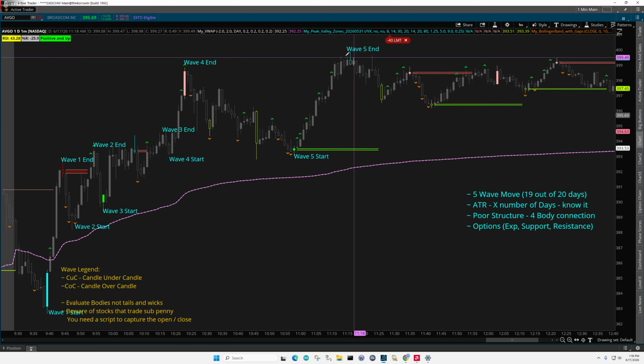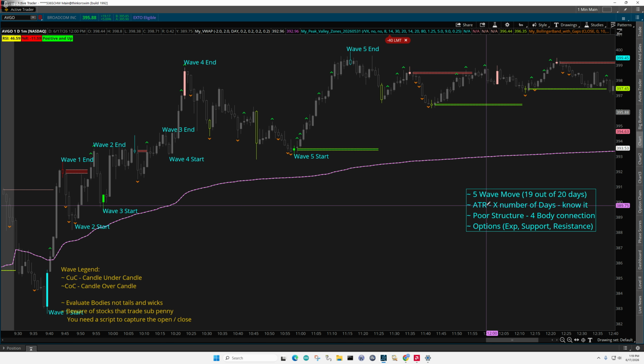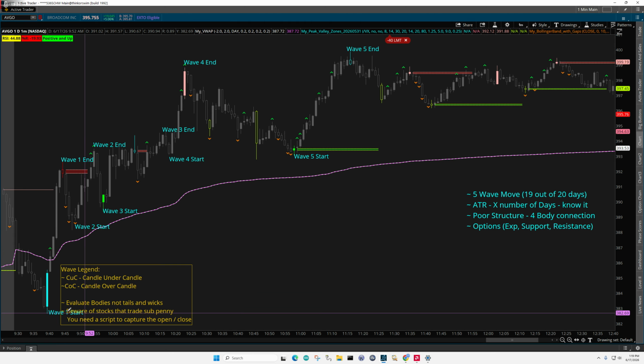How do you know that potentially wave 5 isn't going to push much? Because with our ATR, average trading range, or our ADR, average daily range, as defined by you, which is X number of days that you're looking back, we can say, okay, AVGO in the last 8 to 10 days is trading at a $15 range every single day.